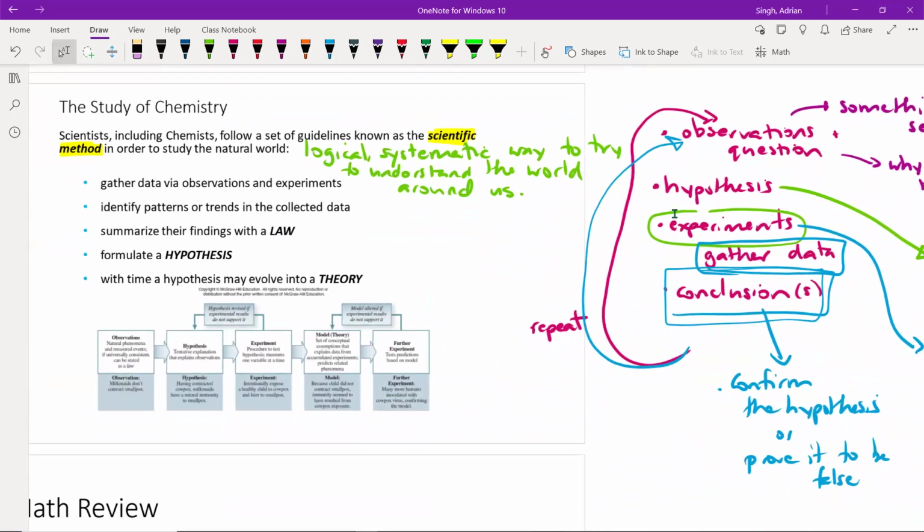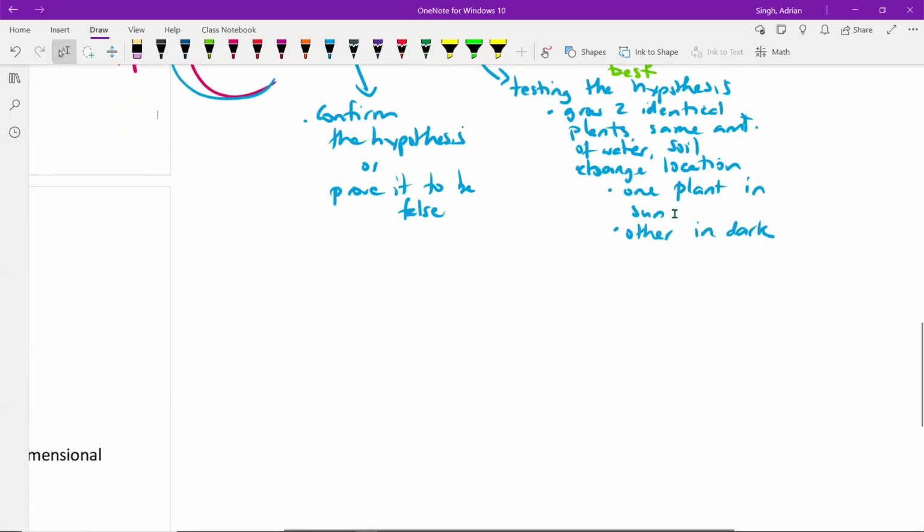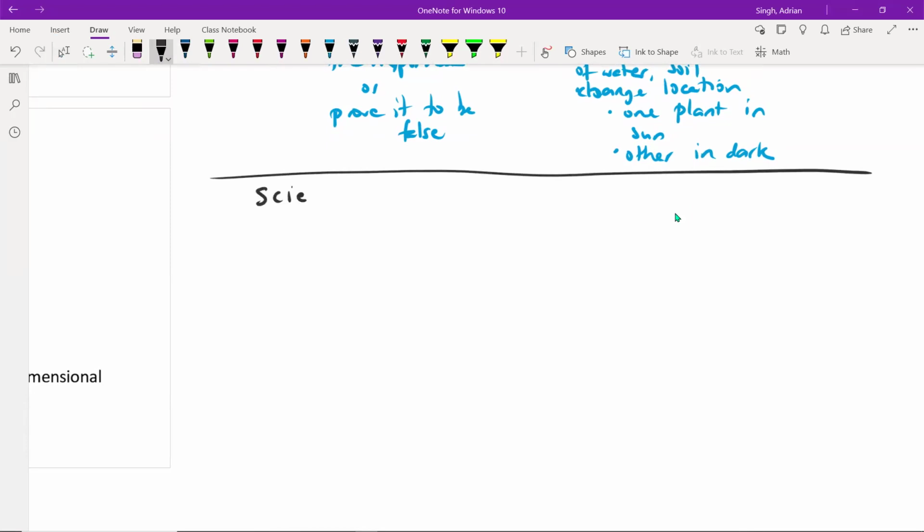Now, after we've gone through and we have collected a bunch of data and done a bunch of experiments, we may develop what are known as scientific laws or scientific theories. And we'll take a look at both of these in turn, because they kind of sound the same and often people use them interchangeably, but they're actually not. So we'll take a look at a scientific law first.